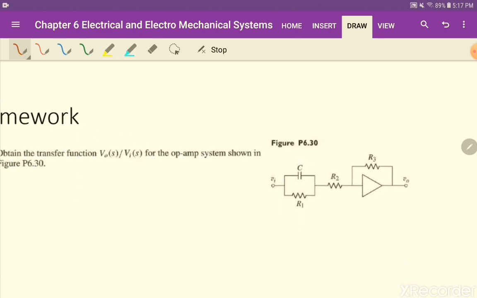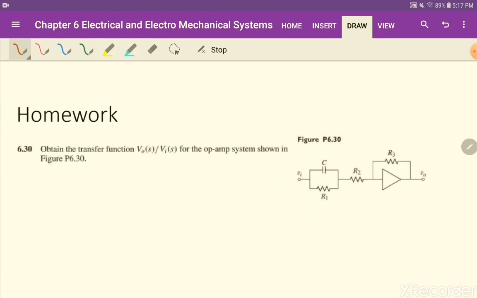So let's try to do some homework. Obtain the transfer function V out over V in in the S domain. This portion right there is your C in, and this will be your C F. So what is V out over V in of S?